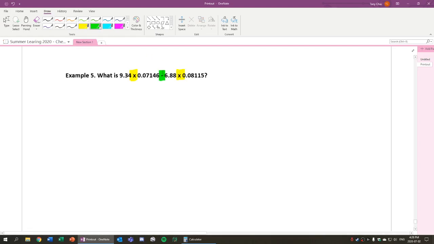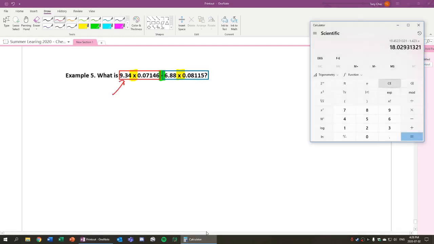In BEDMAS, we have to do multiplication first. So we should multiply these numbers together first, and then multiply these two numbers together before we subtract them. So let's do this one first.